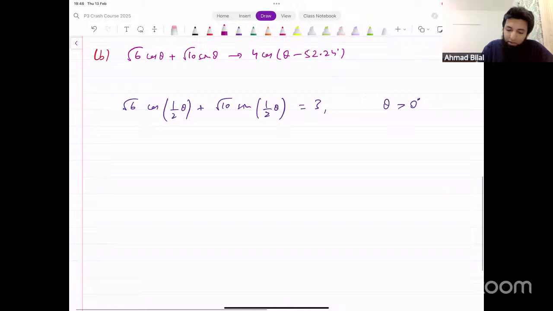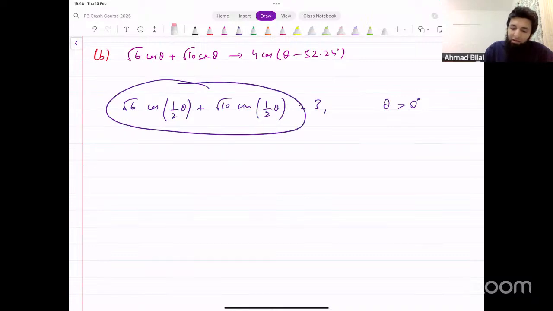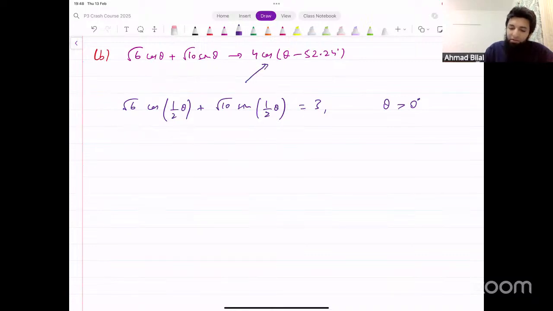Now, instead of theta, we've got half theta here. So when we convert this side of the equation to a form like this, in place of theta here, we're going to input half theta. So this becomes 4 cos of half theta minus 52.24 degrees. Everything else remains the same.